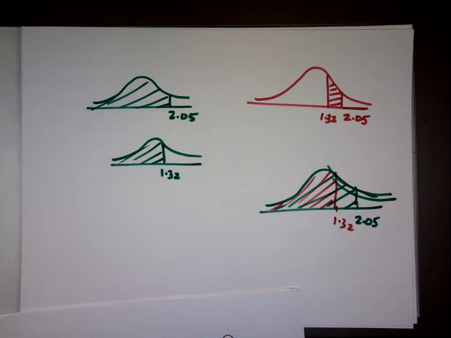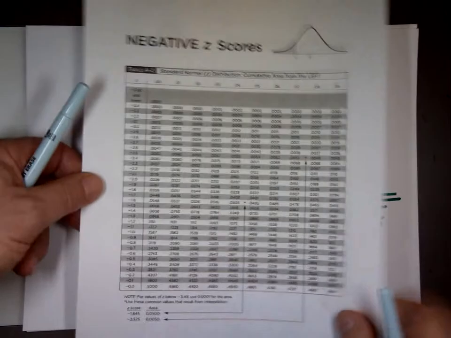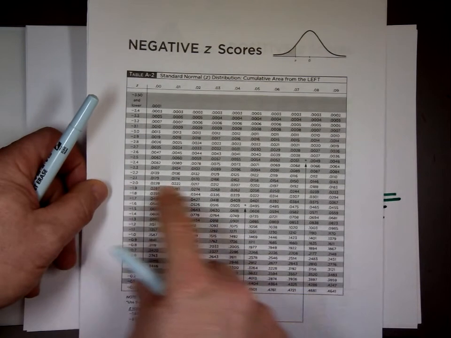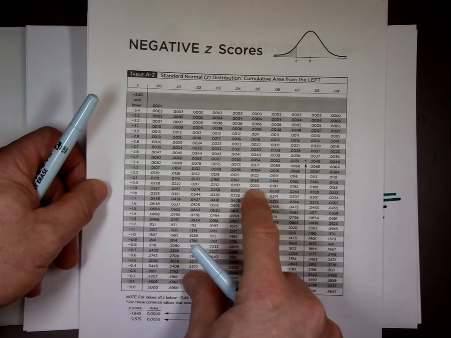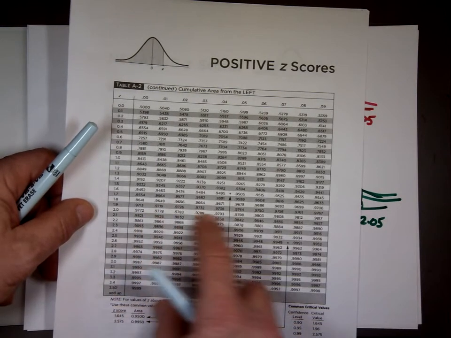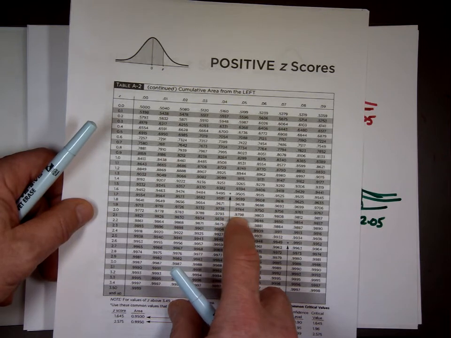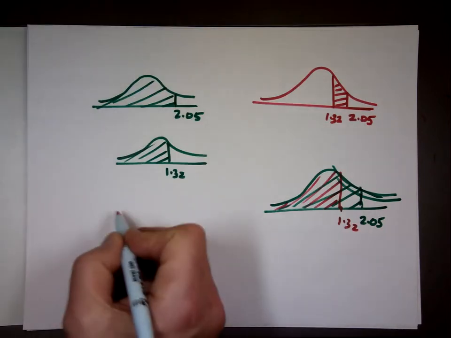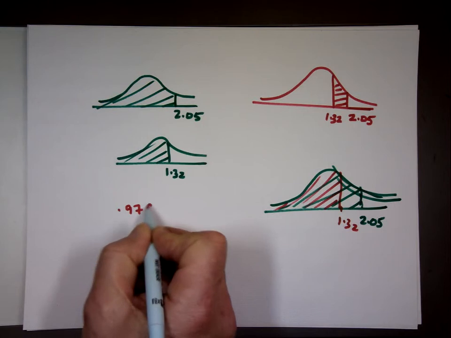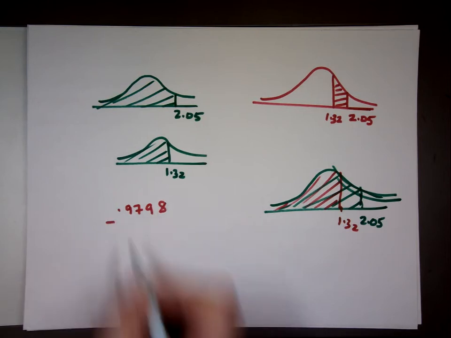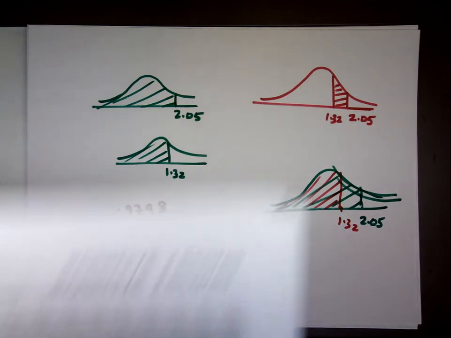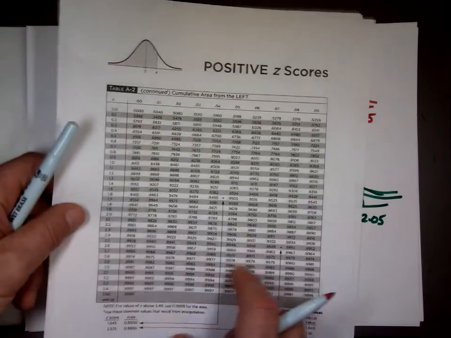I look at the 2.05. Oh, that's a negative, sorry. Positive z-score, 2.05 is right here: 0.9798. Subtract from it the 1.32.